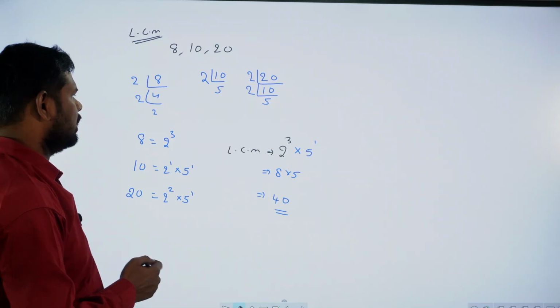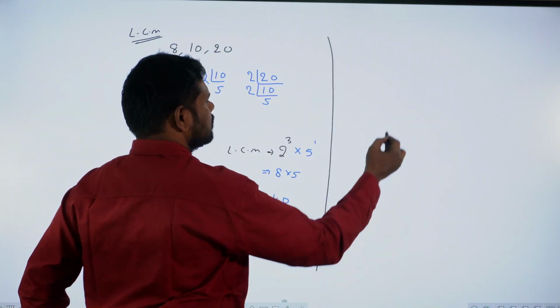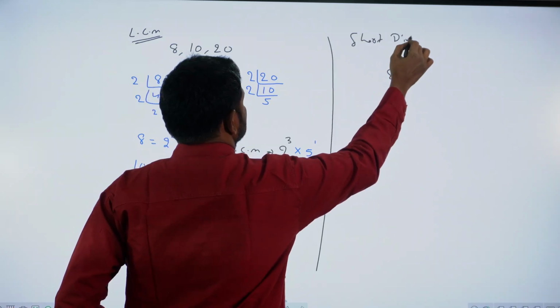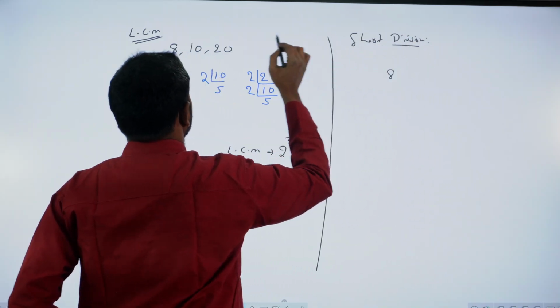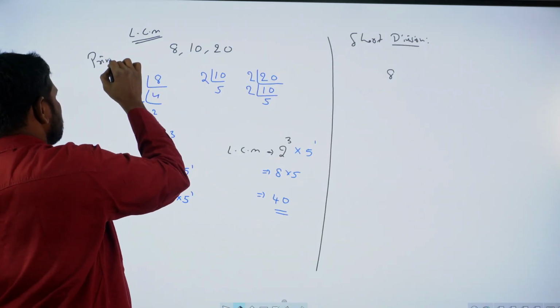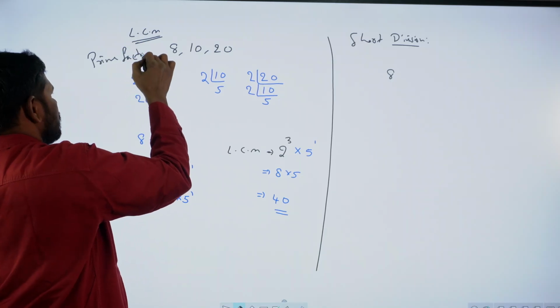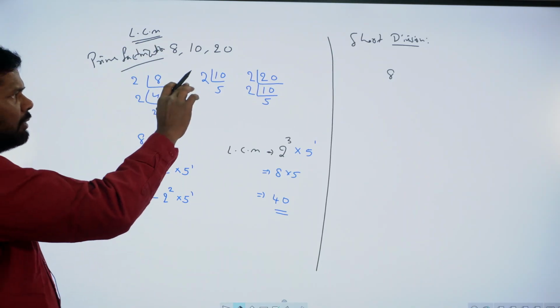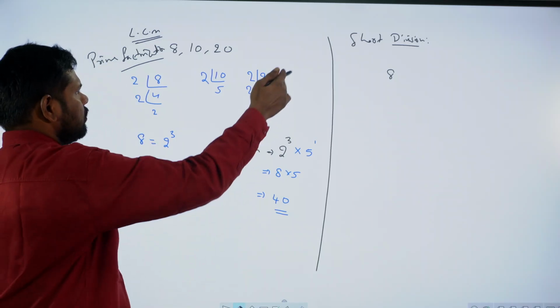This is one type. And one more is the short division method. This is the prime factorization method, or standard method, which we generally use. But from school days onwards, we learn this.